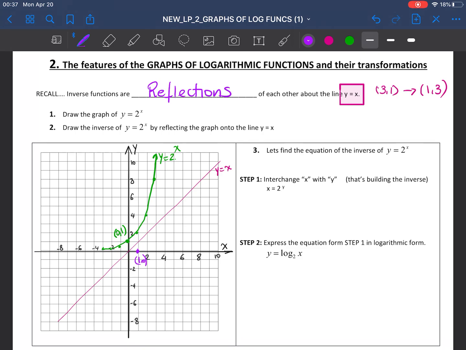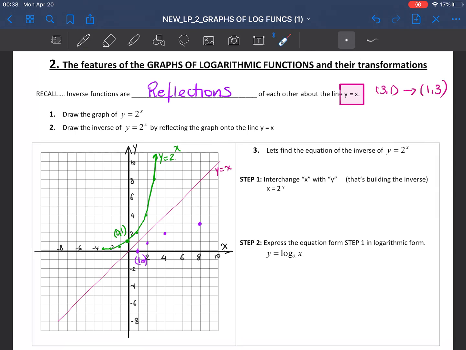The point where x equals 1, y equals 2 for the exponential will become (2, 1). The point where x equals 2, y equals 4 will become (4, 2). When x equals 3, y equals 8, that will change to become (8, 3). So when x equals 8, y equals 3.